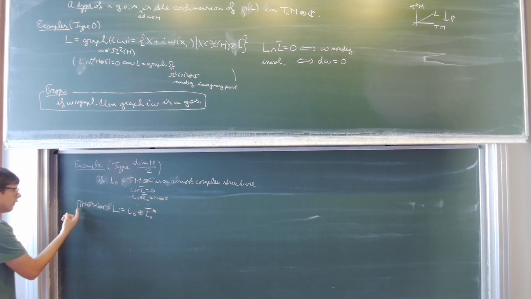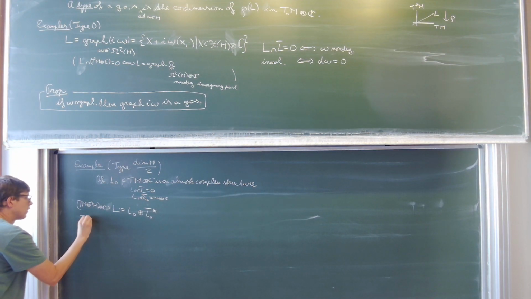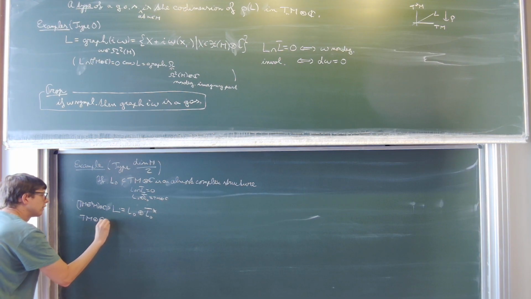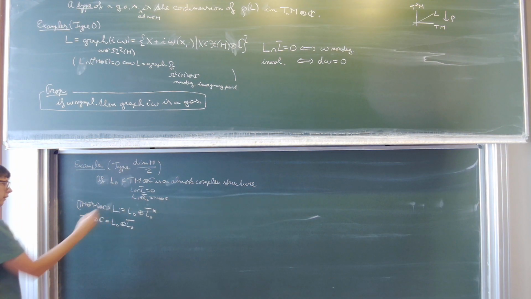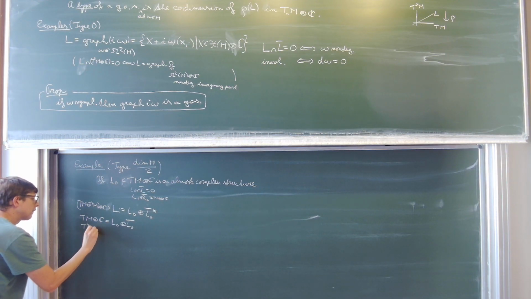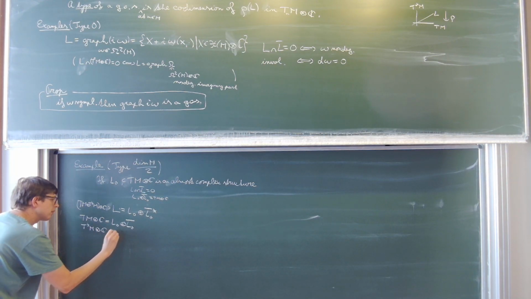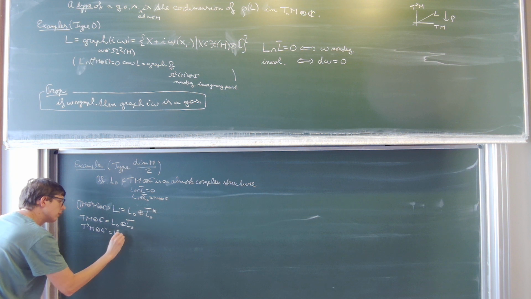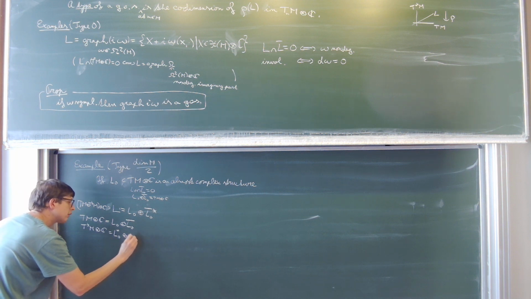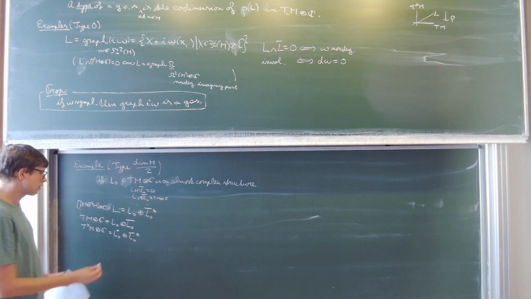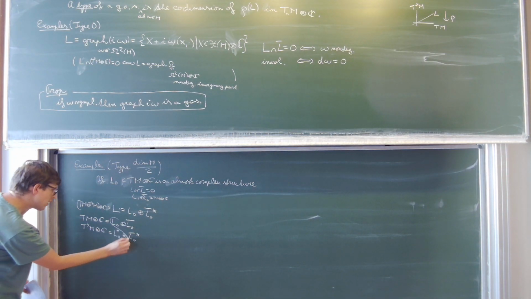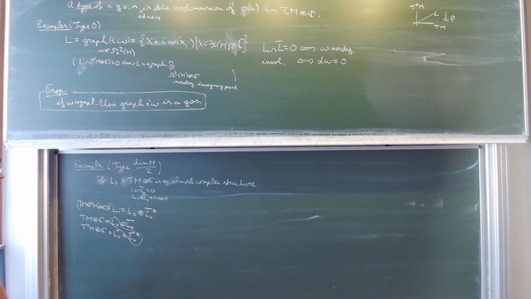Because recall that T_M complexified decomposes into L0 and L0 bar, and the cotangent bundle complexified decomposes similarly, L0 dual plus L0 bar dual, and I just take this Lagrangian subspace, which is these two guys. This is my L.